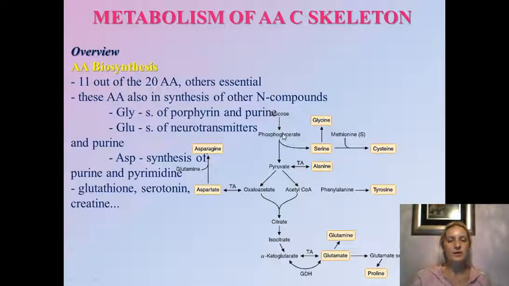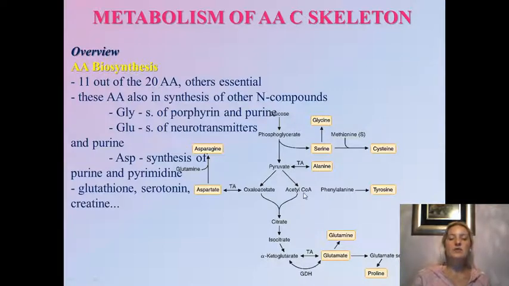Also, pyruvate, as the final product of the glycolytic pathway, is used for the biosynthesis of alanine in a transamination reaction. Further on, pyruvate can be converted to oxaloacetate, and oxaloacetate in a transaminase reaction can be converted to aspartate, and aspartate is a precursor for the synthesis of asparagine.